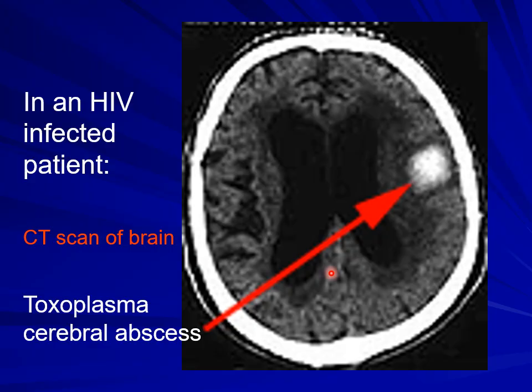On this slide, I am trying to show you a CT scan of the brain of an HIV infected patient, and here this white spot is basically the cysts of toxoplasma that were reactivated, which means that the bradyzoites transformed back into tachyzoites, which infected and lysed the neurons, leading to this cerebral toxoplasmosis.